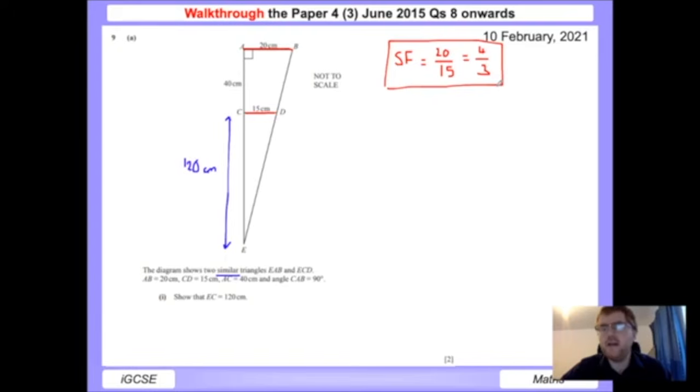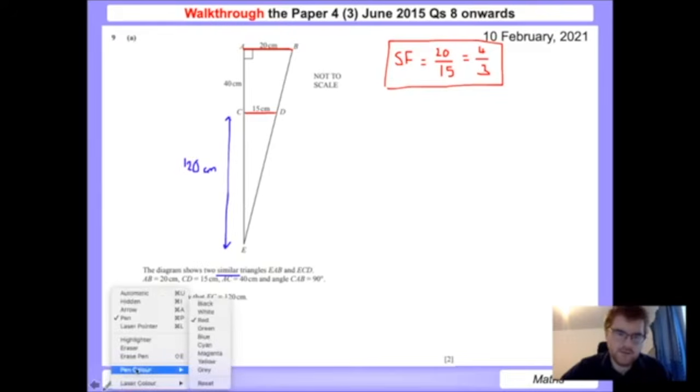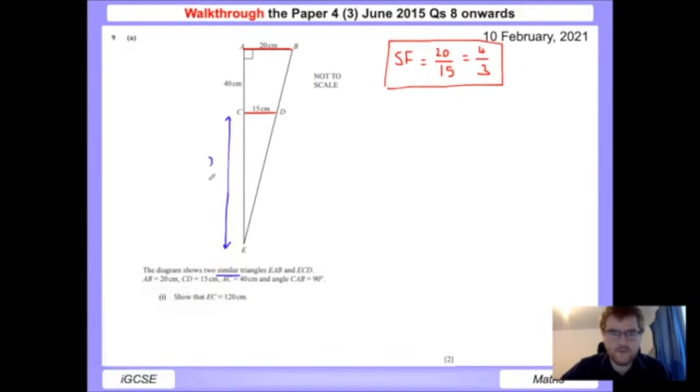What we need to do now is use that to work out this missing length. So imagine I don't know this length. If I wipe this out, imagine I call this blue length that I highlighted earlier x. So this length here, EC. Then the entire length of the line is x plus 40.